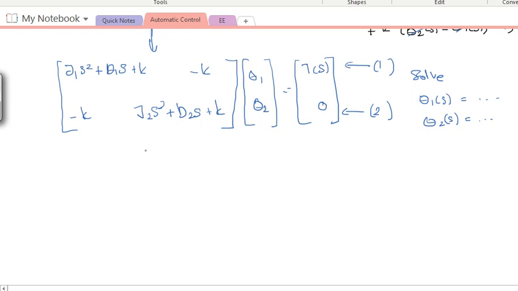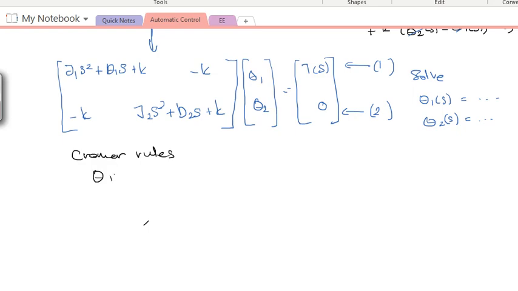It is basically using the usual method of matrix resolution, which they usually call Cramer's rule, right? So if you want to find theta 1s, it is basically the determinant 1 over the determinant of the system.